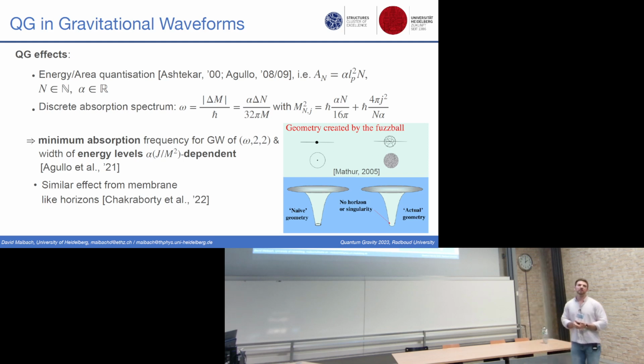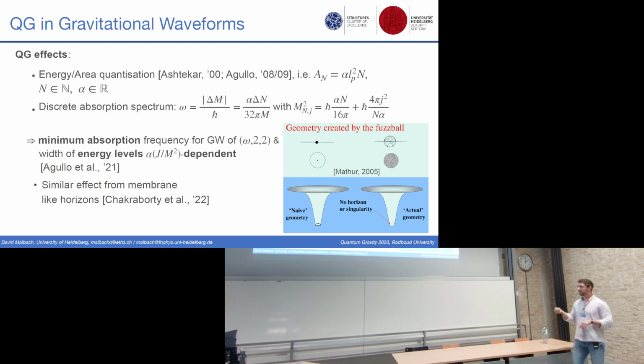For loop quantum gravity, the same, you can also model with string theory. An example for that are fuzzballs or microstate geometries, which are, I think, rather toy models, and they are solutions to 5 or 6 dimensional supergravity. But they essentially replace the black hole with some compact object, which has a fuzzy surface.